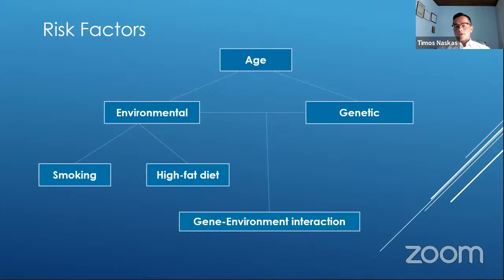So from an epidemiological point of view, the causes of a disease can be briefly classified as environmental or genetic ones. And the thing is, no disease has a pure genetic component or a pure environmental component. Both have a role, and they both have a strength into causing the disease.